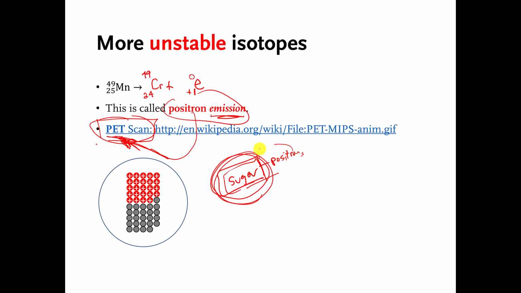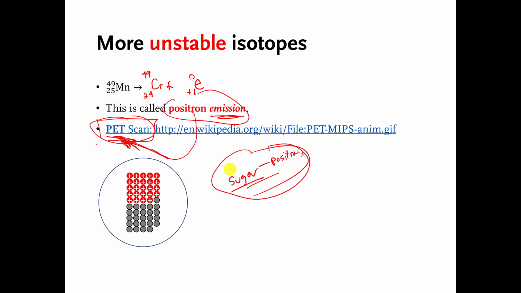So these sugars that are firing off positrons go all over your body, but they kind of congregate more in areas that need a lot of energy. So sometimes tumors need a lot of energy because they need to grow. And so if you have a tumor, this sugar that's firing off positrons might show up in tissues that are tumorous.